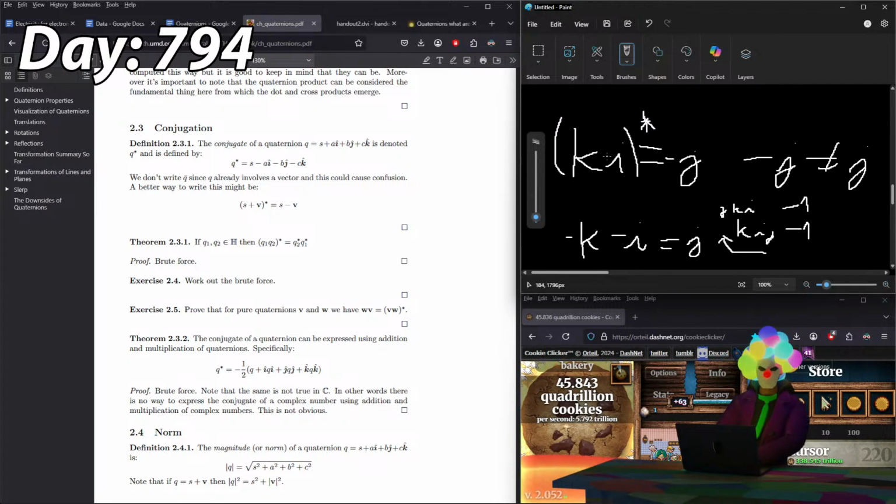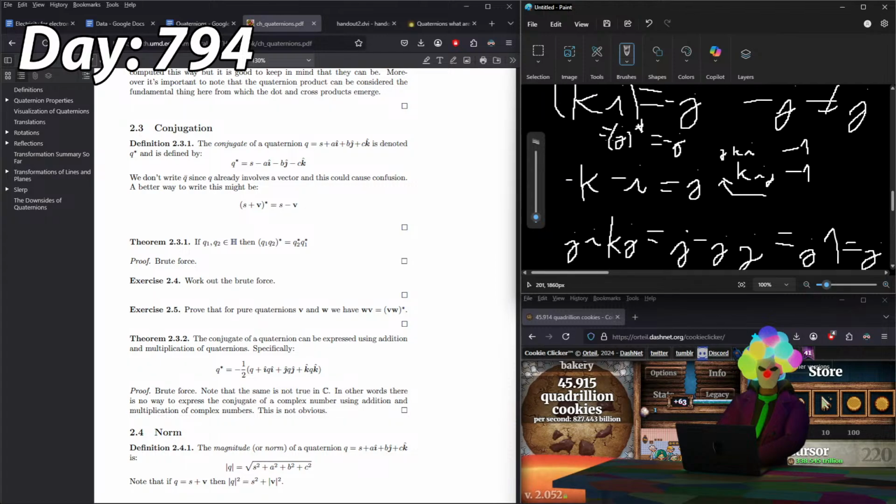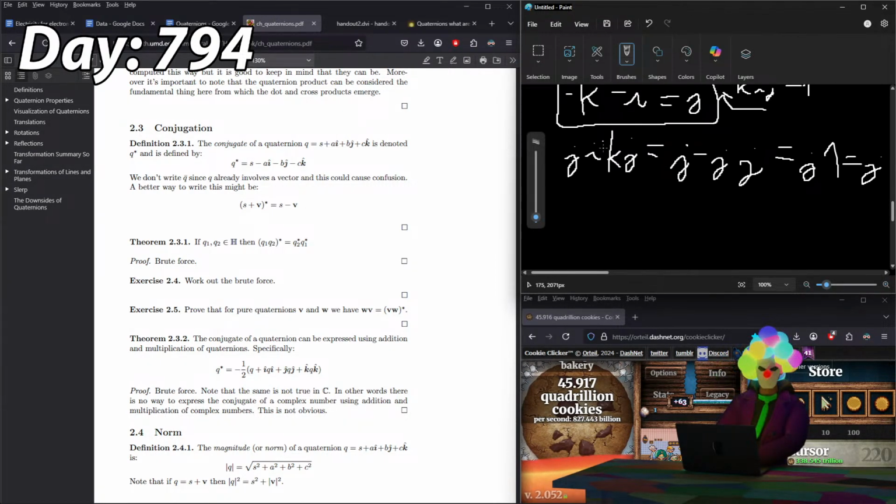This right here, I did KI, that's a J. This is what I did. On the next step, well, there is no next step, unless you mean the second equation, this.